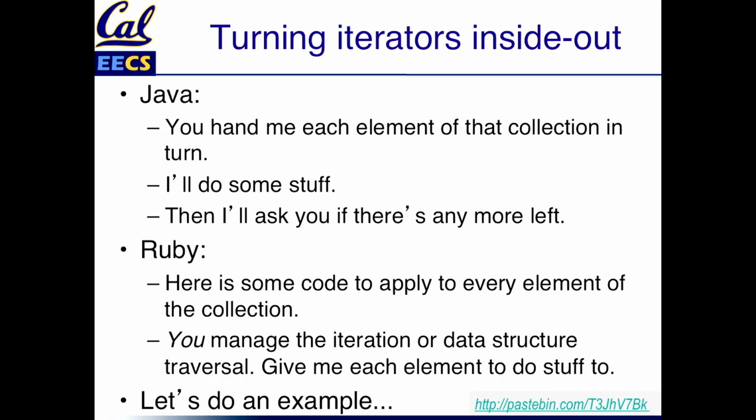I think of it as turning iterators inside out compared to what you would do in a language like C++ or Java. In Java, you say, you hand me every element of the collection, I'll do something to the element, and then I'll ask you if there are any more elements left. Whereas in Ruby, you go the other way around. You say, here's the thing that I want to do to each element of the collection. You, the data structure, go ahead and manage the collection so that you can give me each element as needed, and I'm not worried about that part.